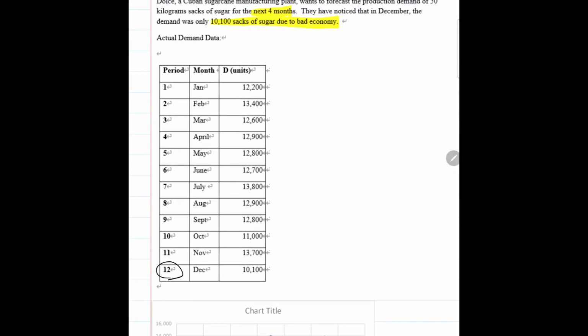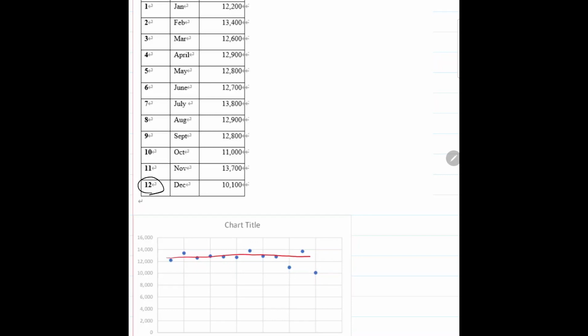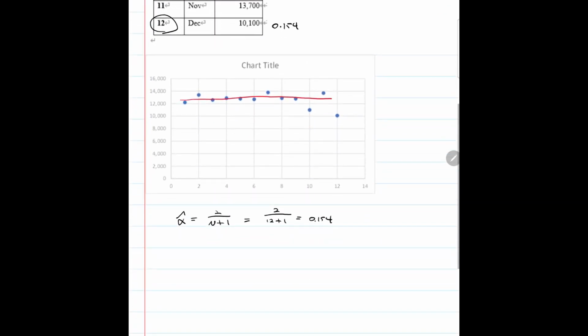So we're gonna create one more column here, weight. Here we use 0.154. The formula that we're gonna use is alpha hat times (1 minus alpha hat) to the power n minus 1.